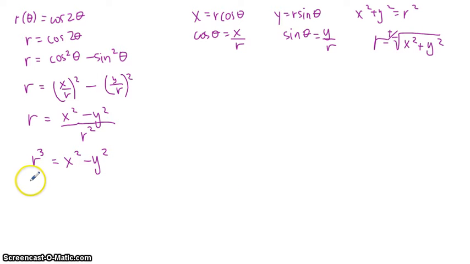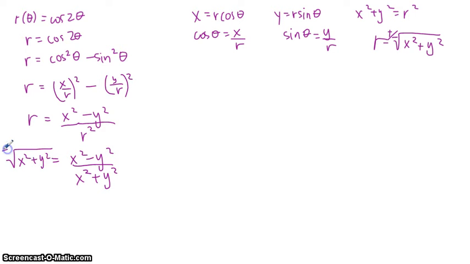So it looks like I have r squared right here, for example, I can change it. Actually, let's try that. I can change it to x squared plus y squared. And here I'm left with plus or minus the square root of x squared plus y squared.